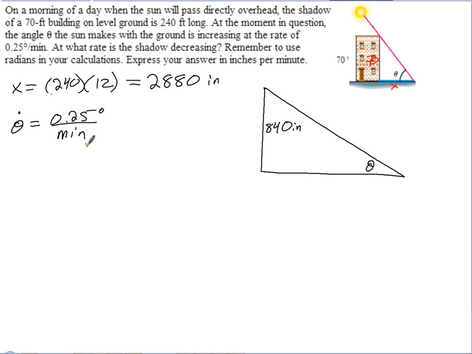Taking trig functions of the angles gives us back a non-angle answer, a numerical answer, and it doesn't really matter as long as we're consistent about what types of angle measures we're using.